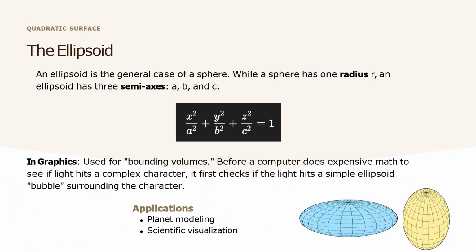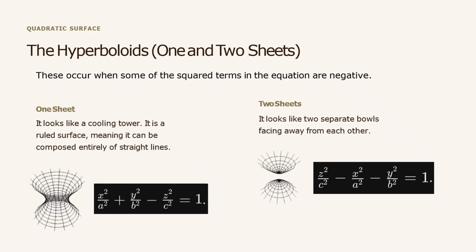An ellipsoid is a generalized form of a sphere with three different radii. In computer graphics, ellipsoids are often used as bounding volumes for collision detection. If we talk about hyperboloids in the next slide, hyperboloids exist in two forms. A one sheet hyperboloid resembles a cooling tower, and a two sheet hyperboloid appears as two separate curved surfaces.